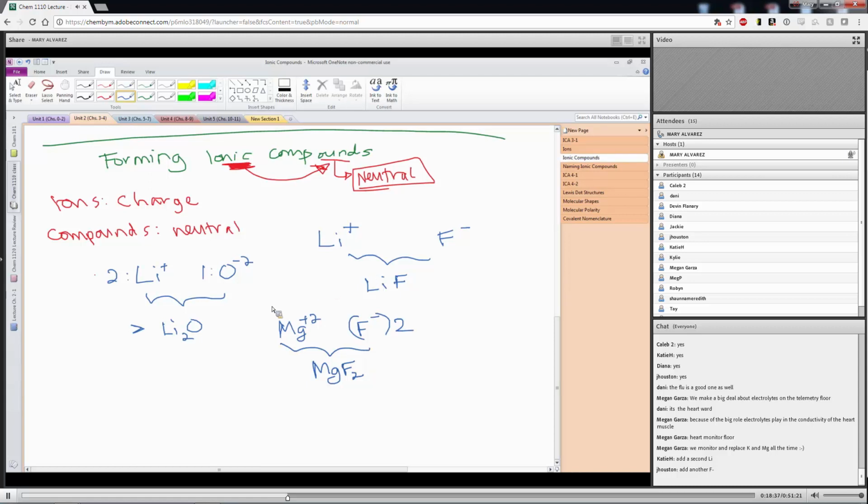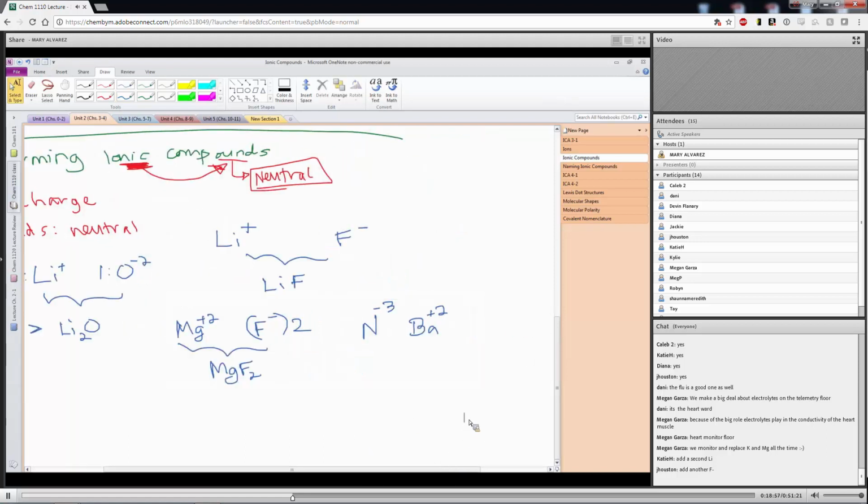Excellent. Okay, let's try nitrogen, which is -3, and barium, which is +2. Or, because this is going to bug me, between barium, which is +2, and nitrogen, which is -3.